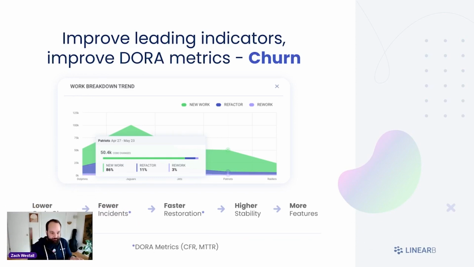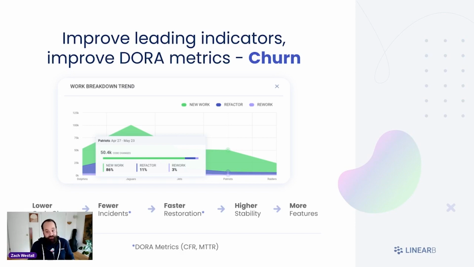Next, let's look at churn. Smaller PRs means less churn because there's less to review, less back and forth, less things to constantly have to work on. When you have less churn, there are fewer incidents, which improves your CFR, your change failure rate.